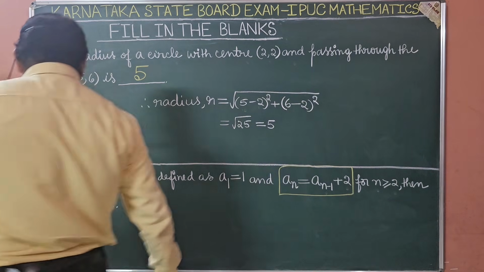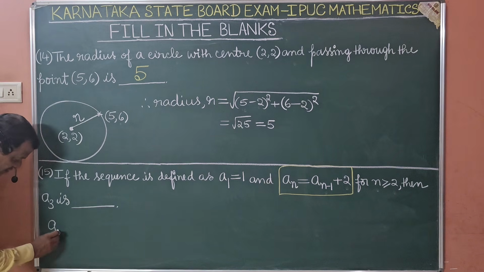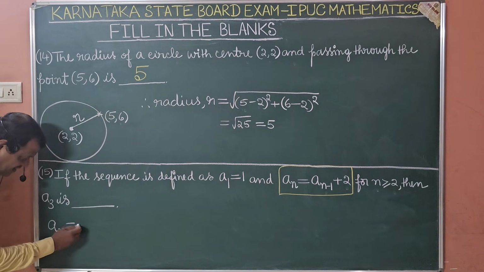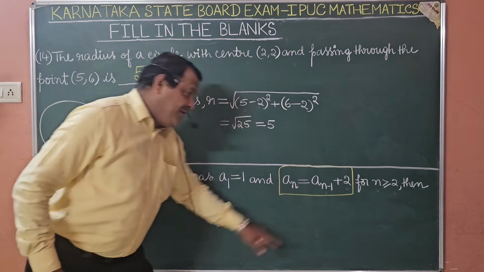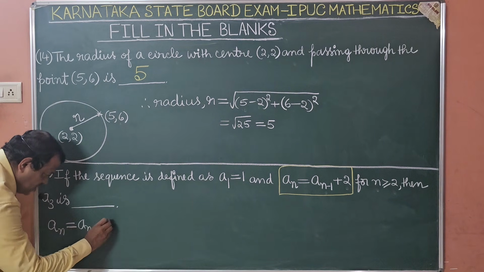But before I find the third term, I will first find the second term. See the nth term, again I write a suffix n equals a suffix n minus 1 plus 2.